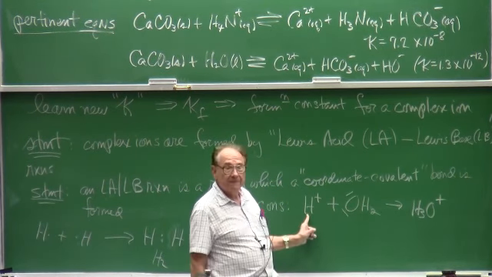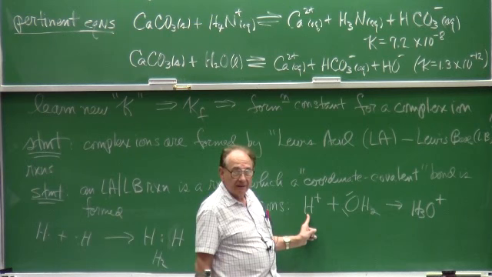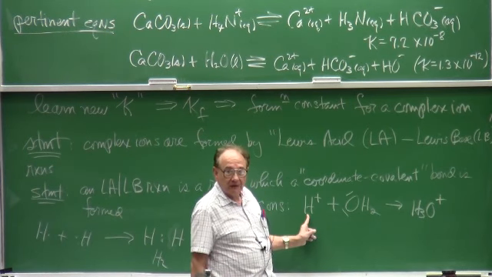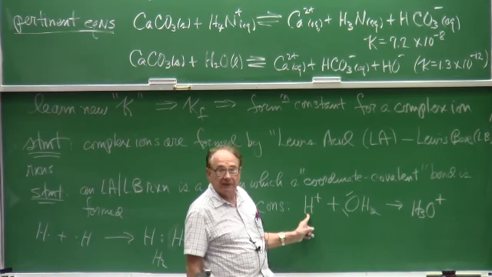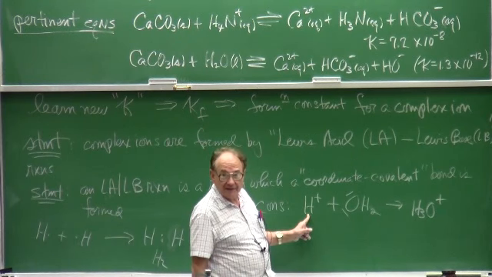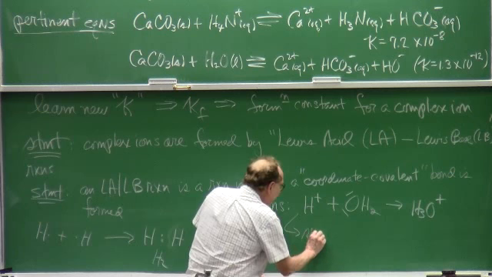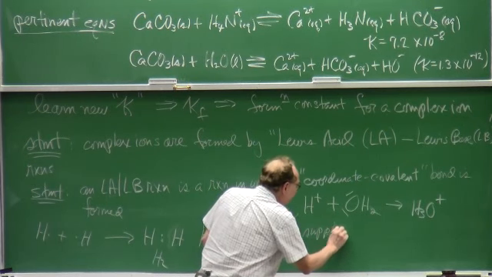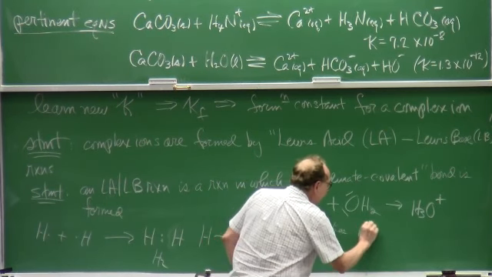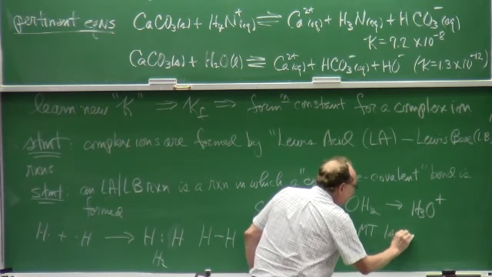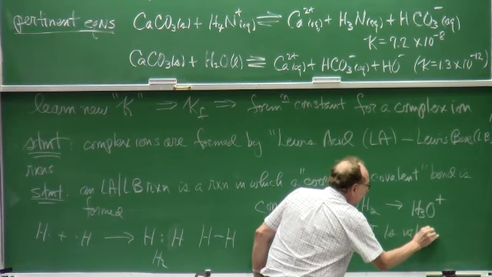What did this supply? An empty valence orbital. What is the empty valence orbital that H plus has? 1s. Okay? Supplies empty 1s valence orbital.